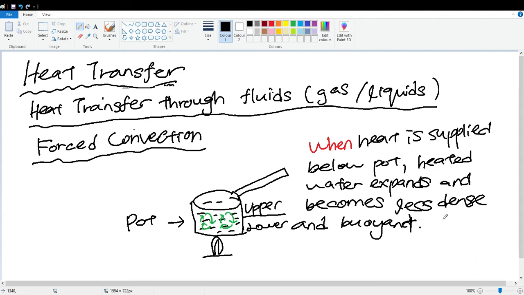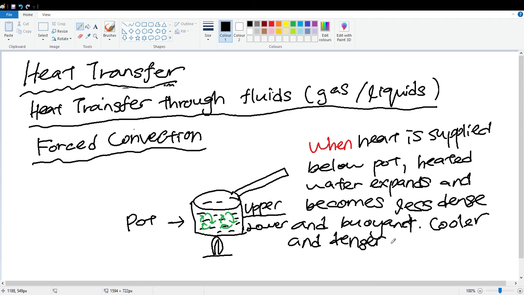So after that, the cooler and denser water, so the cold water, or should we say the lower temperature water, has a higher density.